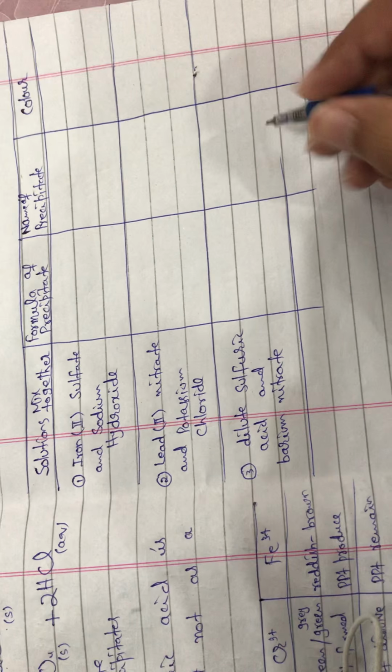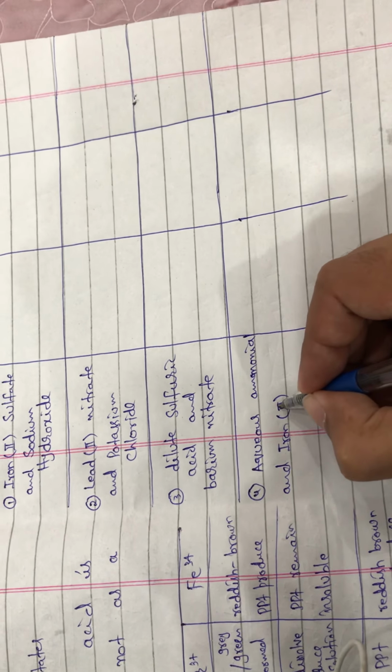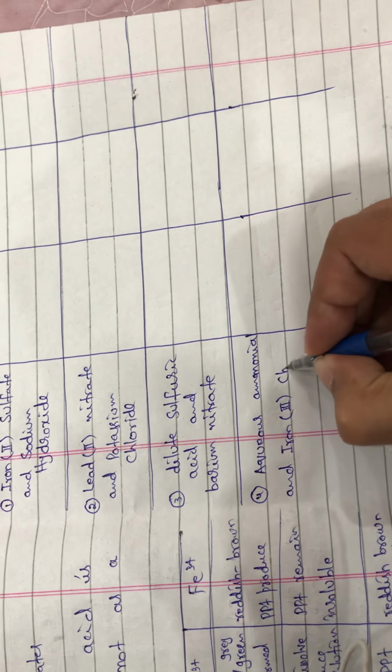We can take another example, the fourth one, last one, and it can be aqueous ammonia and iron 3 chloride.